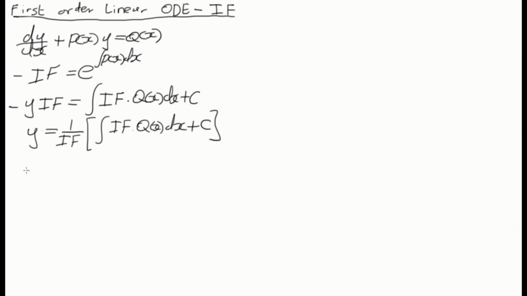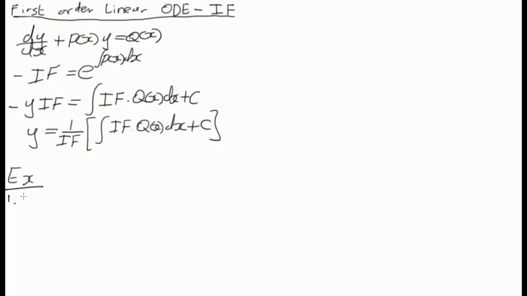Okay, now let us try to apply this formula. Just 2 exercises will be enough. In fact, even 1 is enough, but I will do 2. Okay, so the first one I have here. I simply say solve the following ODE, and then it says find a particular solution where possible.